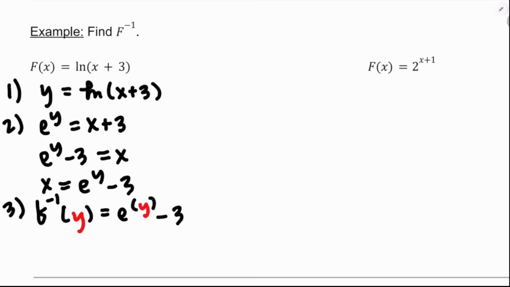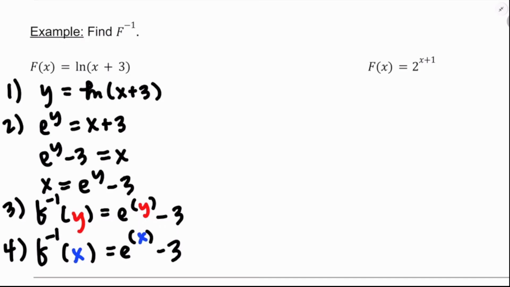But if you allowed yourself to, you could say anything could be the input. It could be x or any letter. So we could say f inverse of x would equal e to the x minus 3.